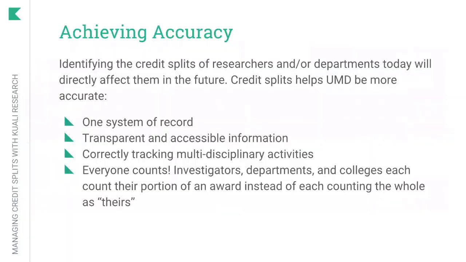At the University of Maryland, as I mentioned, identifying the credit of the researchers in the departments affects them in the future. And what we have learned over the past 10 years of using credit splits in our system of record is that having it all located in one place was huge.